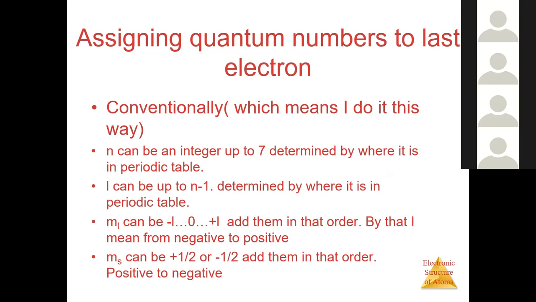The M sub L's, I want you to label from left to right, from minus L through 0 to plus L, in that order. So if I have the P's, my orbitals are going to be minus 1, 0, plus 1. D's, minus 2, minus 1, 0, plus 1, plus 2.